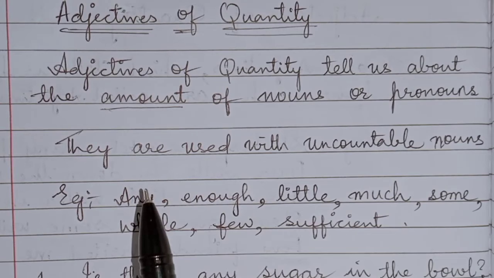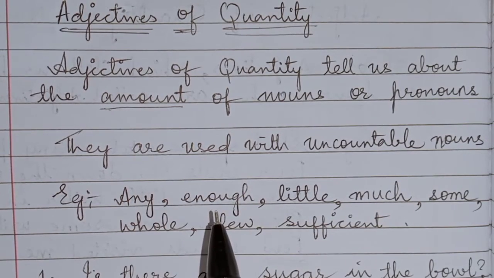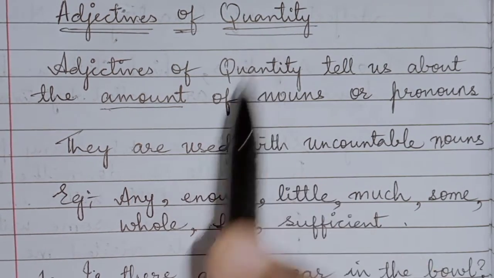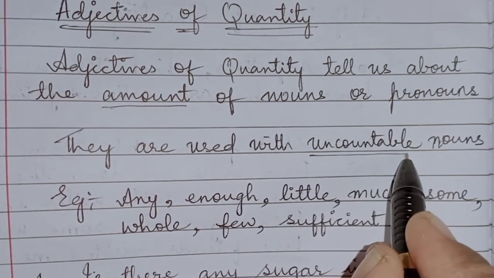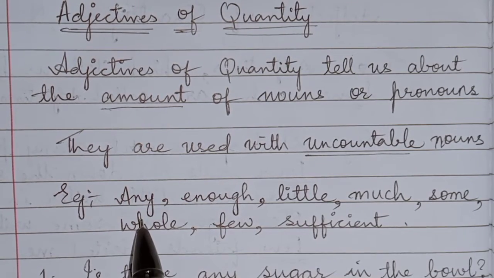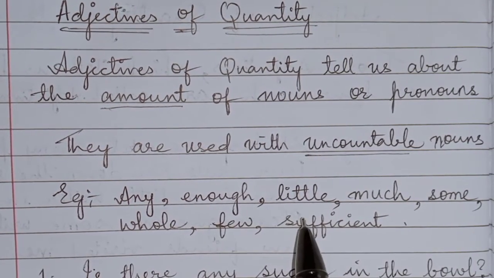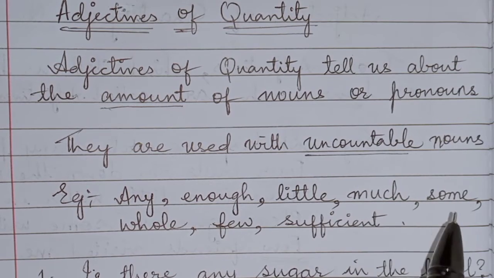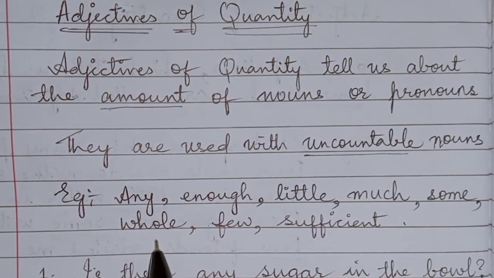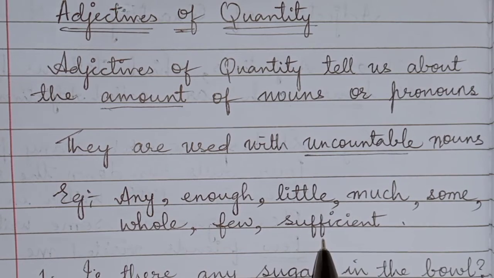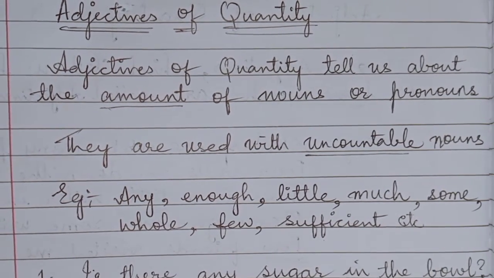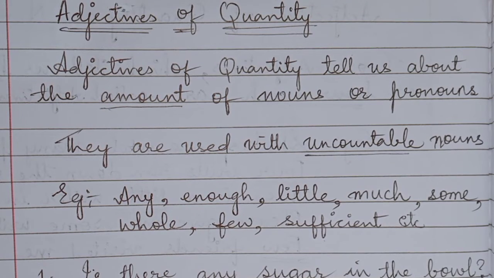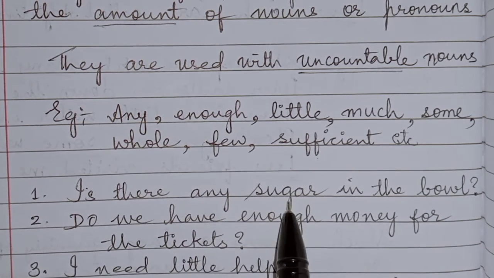In the previous type we have seen countable nouns, but here in quantity they are used with uncountable nouns. Example: any, enough, little, much, some, whole, few, sufficient, etc. Let us see some examples along with the sentence.